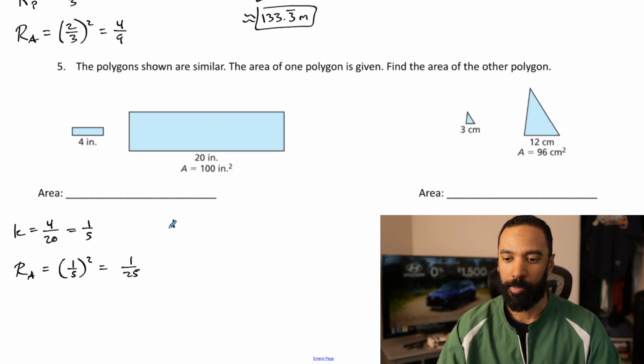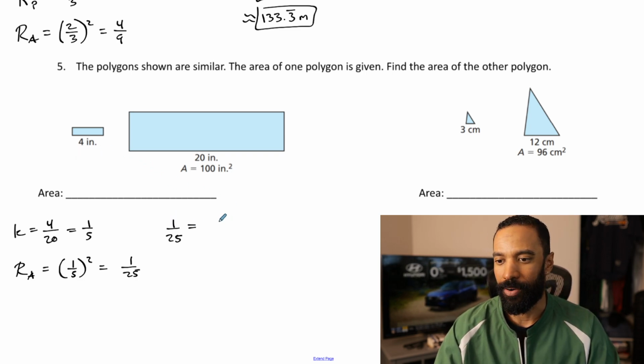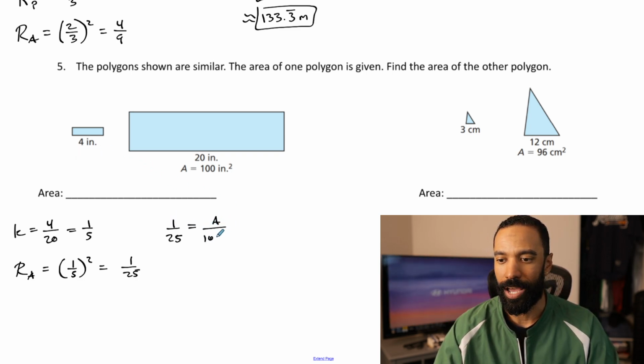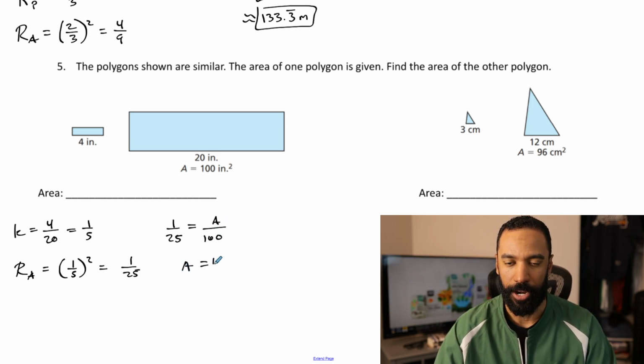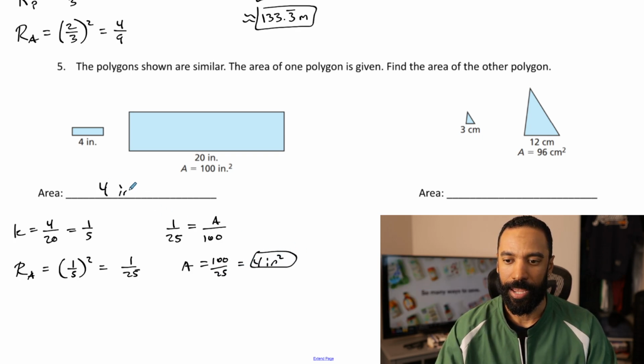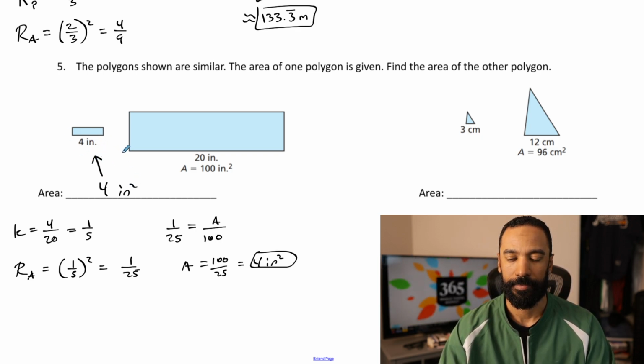All right, let's set up the proportion. 1 is to 25, as this unknown area for the small is to 100 for the big. Multiply both sides by 100, you get 100 over 25, which is 4. 4 square inches. And that is the area of the unknown of the other polygon. That's for that guy.